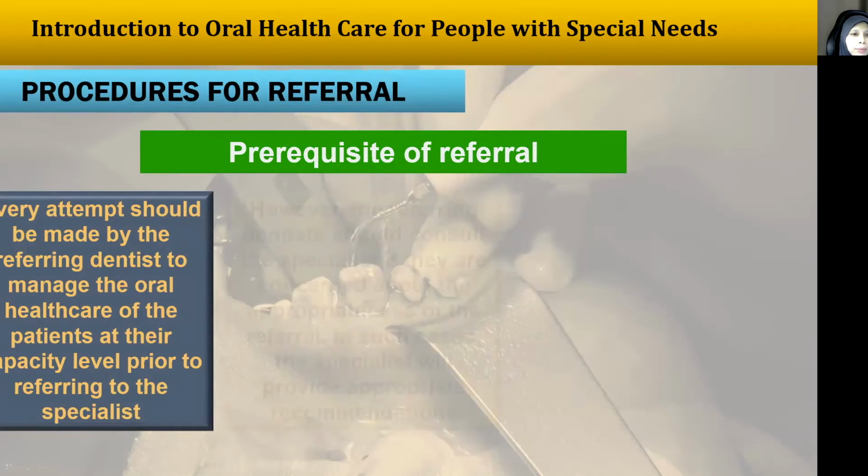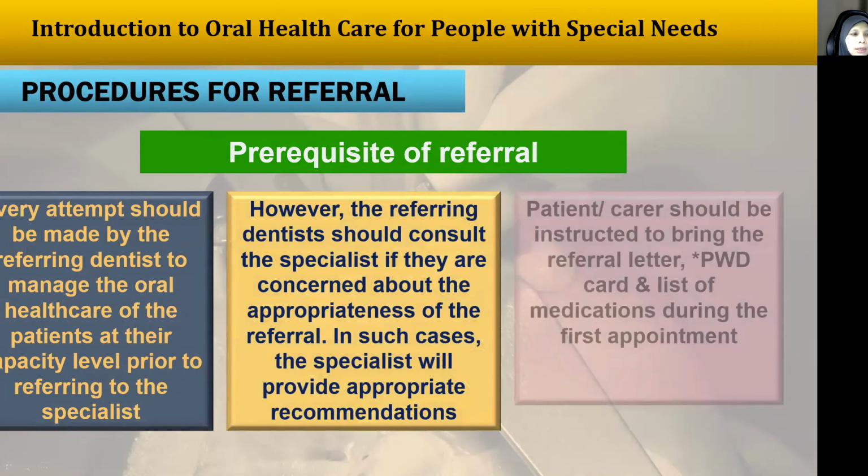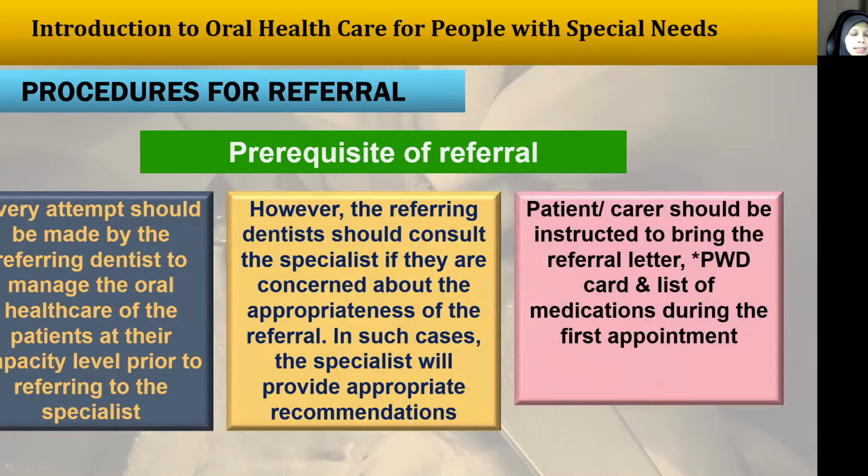Looking at the procedure for referrals, before you decide to refer the patient to the specialist, you should at least make an attempt to provide treatment for these patients, unless the treatment required is not within your capability, or the patient is very uncooperative and you are not skillful or trained to do it.